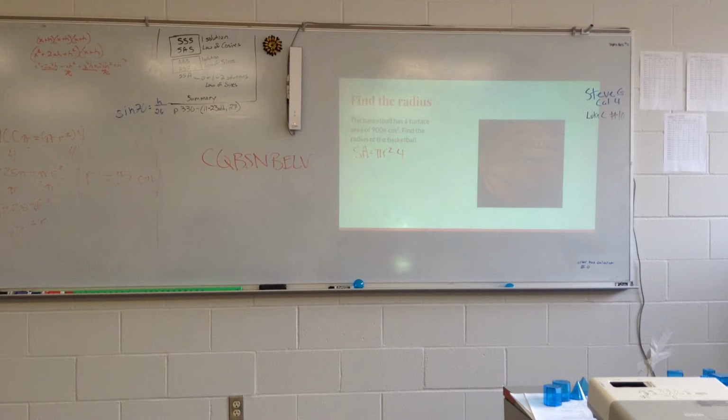Okay, I think I typed something in wrong. You put it all in one, didn't you? If you do that, you need to do parentheses. Otherwise it'll do 900 times pi divided by 4, then you still have to divide by pi. See the difference? It's the order of operations.